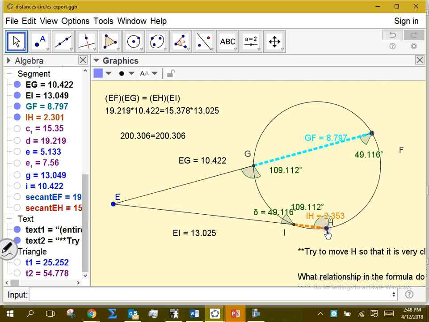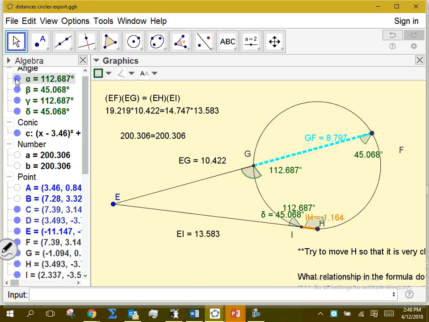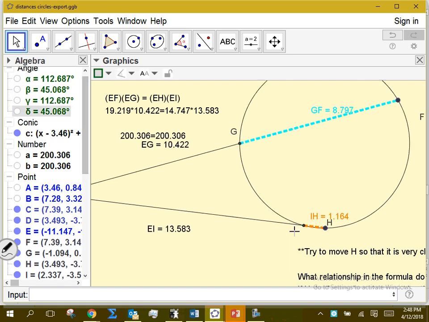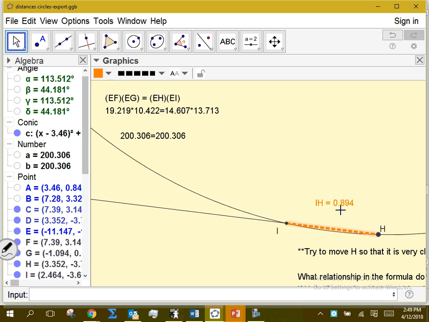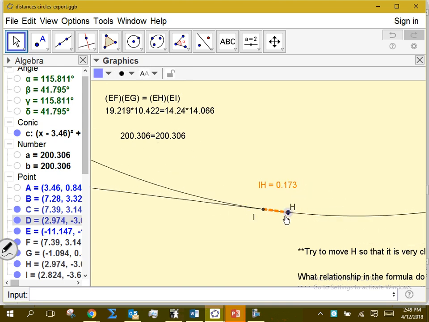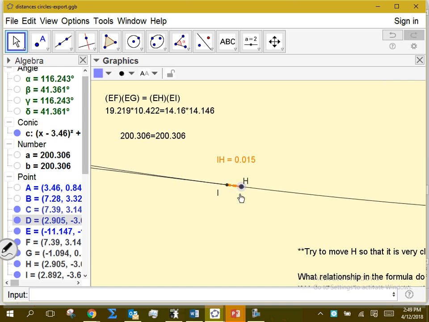And as I move this, as H and I get closer and closer to one another, as long as this says a numerical value right here, other than 0, I know that this is still a secant. Does that make sense? Because when that distance is 0, that means H and I are on top of one another, correct? So I'm going to try to move these as close to one another as possible.